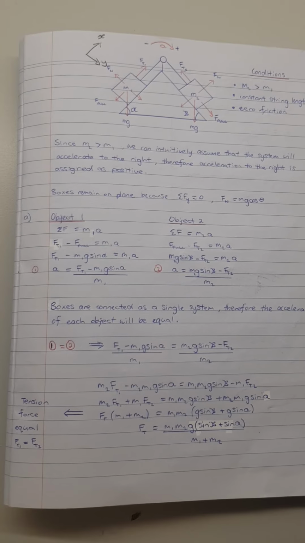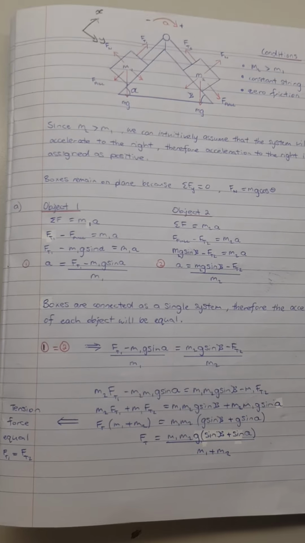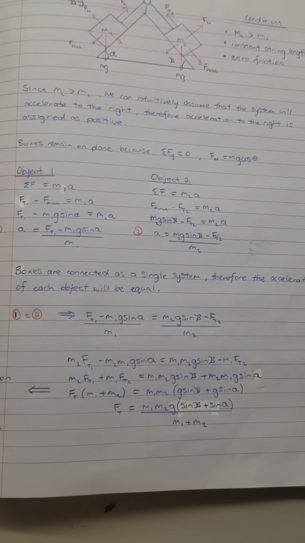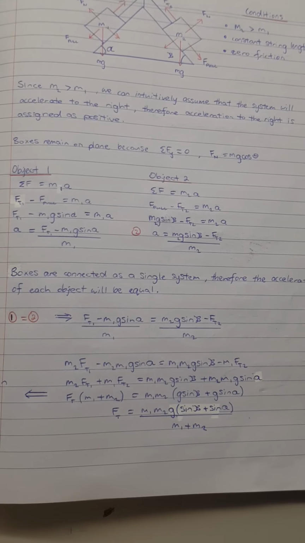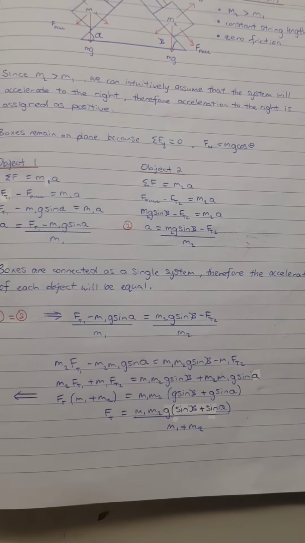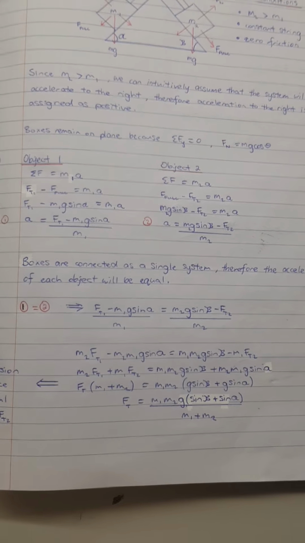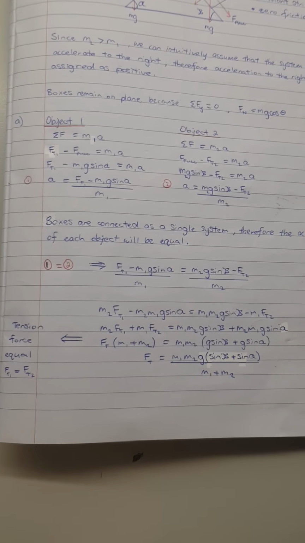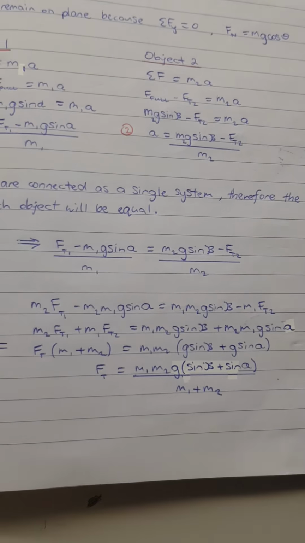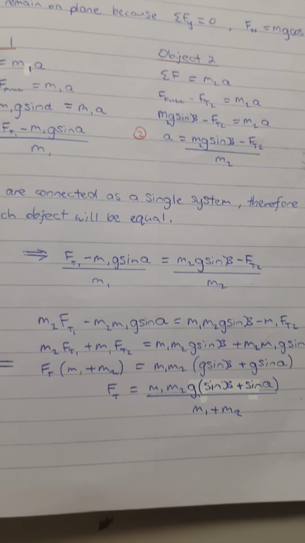So if I set acceleration 1 equal to acceleration 2, I get this equation here. Force tension 1 minus m1 g sine alpha, over m1, is equal to m2 g sine beta minus force tension 2, divided by mass 2. Now if I do a bit of algebra and rearrange, I get down the bottom here, I want to get a force of the tension.